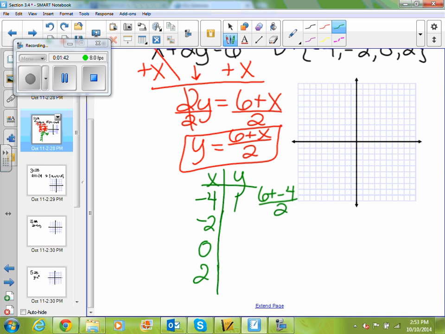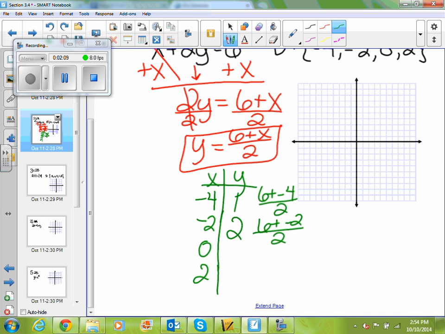If I plug in negative 2 for x, I get 6 plus negative 2 divided by 2. What is 6 plus negative 2? 4. And what's 4 divided by 2? 2. So for my second y value, I get 2.